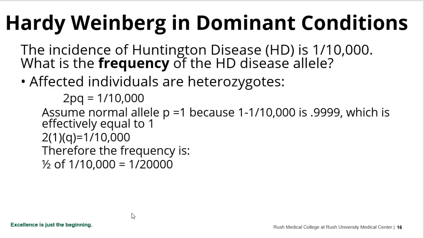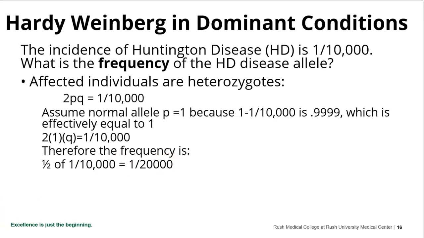Well, if affected individuals are 2pq, which is 1 in 10,000, then we assume that p is 1, because 1 in 10,000 is 0.9999, so 2 times 1 times q equals 1 in 10,000, because we told you 2pq is 1 in 10,000. So what is q? It's half of 1 in 10,000, which is 1 in 20,000.